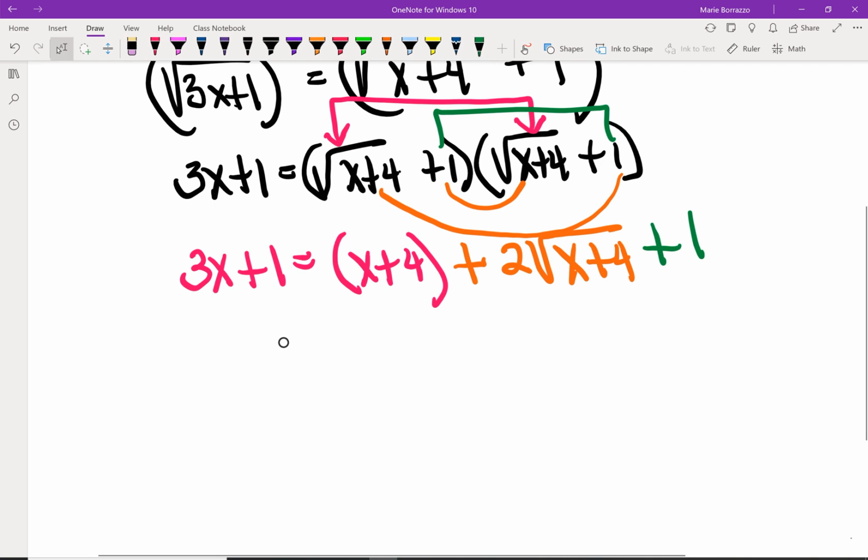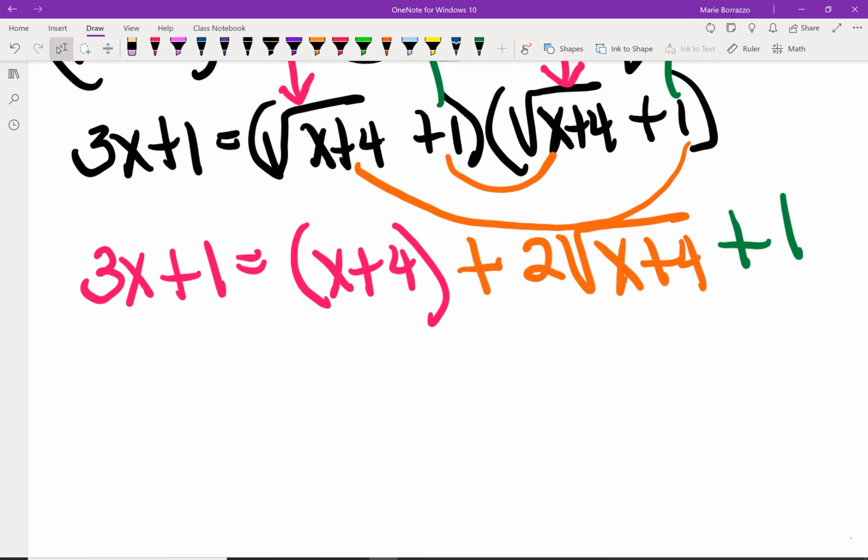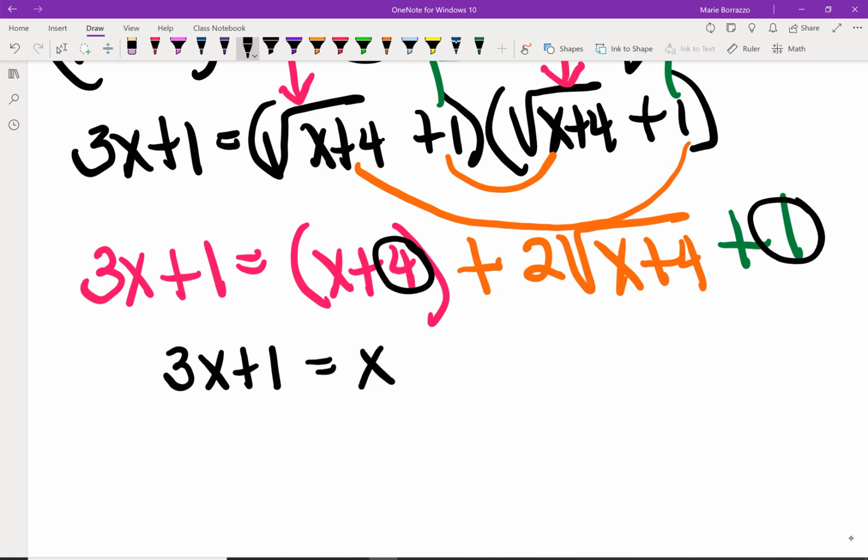What we want to do at this stage, and if you just take a moment, take it in, notice that this term can be added to this term. And so I can start to simplify this to get 3x plus 1 equal to x plus 5, and then obviously plus 2 square root of x plus 4.